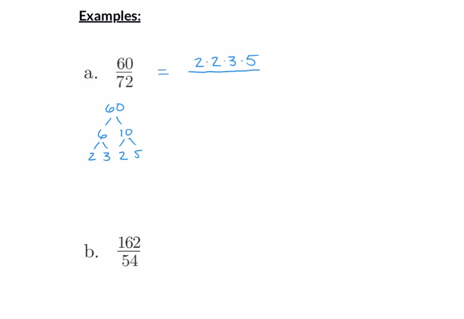All right, for 72, if we factor 72, we get 8 times 9. 8 I know is 2 times 2 times 2, and 9 is 3 times 3. So let's go ahead and bring that back up to our fraction.